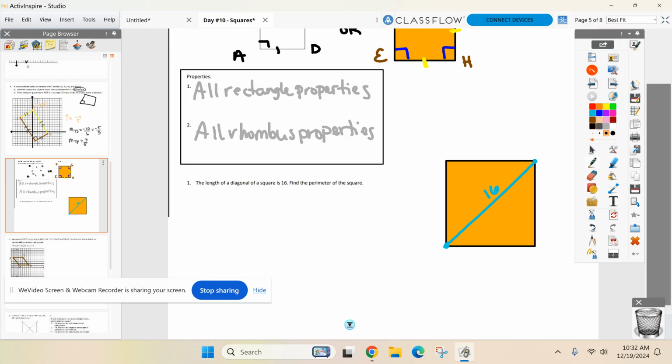Good job, groups. You guys good over here? You just had to find the perimeter.